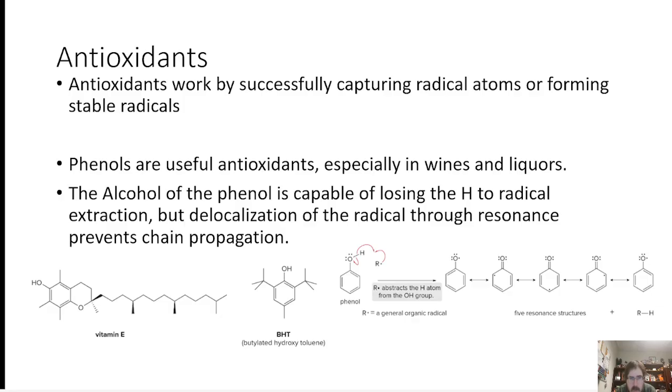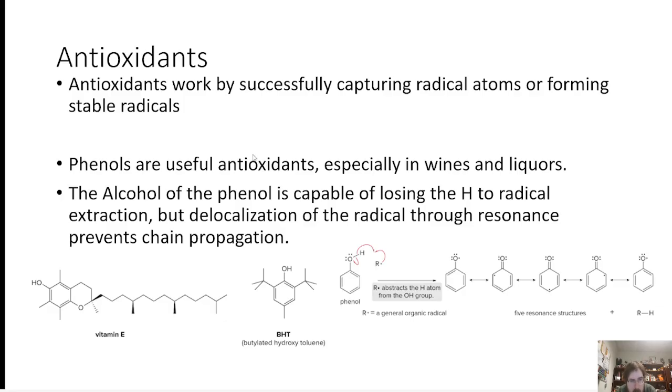but then it delocalizes the radical throughout resonance and thus prevents chain propagation. So vitamin E is very capable of capturing this. BHT is one that is commonly added to a lot of our highly reactive chemicals. We add just a trace amount of butylated hydroxytoluene.